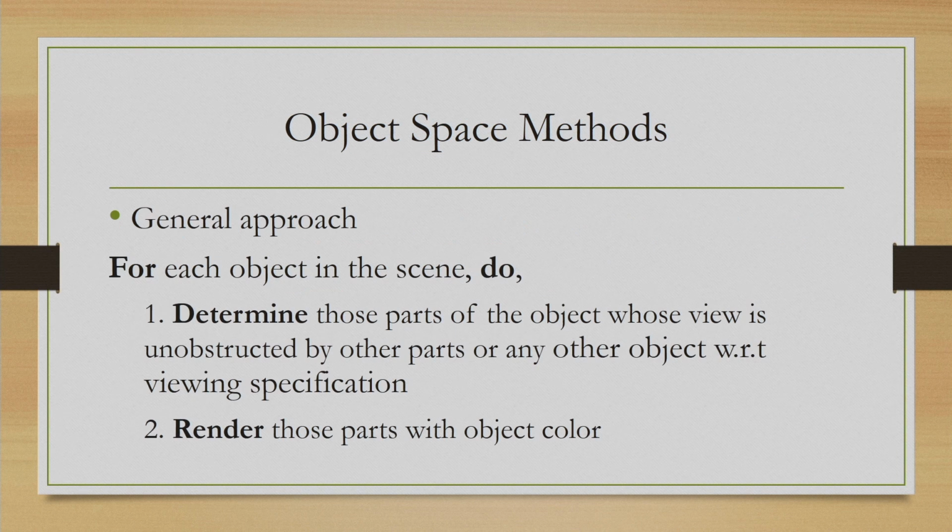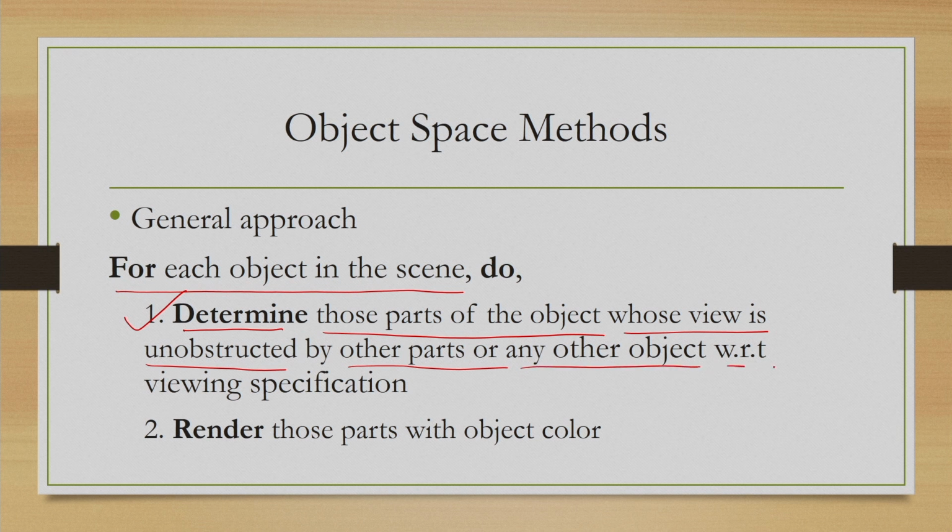And the general approach that is followed to perform hidden surface removal with an object space method consists of two stages broadly. For each object in the scene, first we determine those parts of the object whose view is unobstructed by other parts or any other object with respect to the viewing specification.